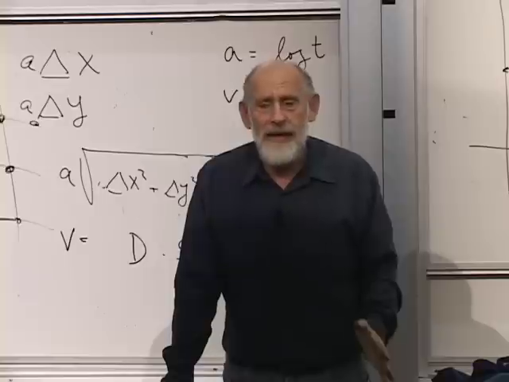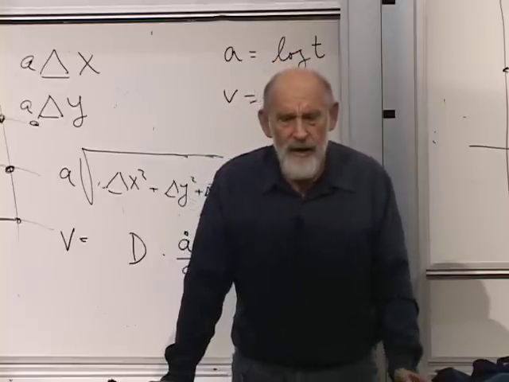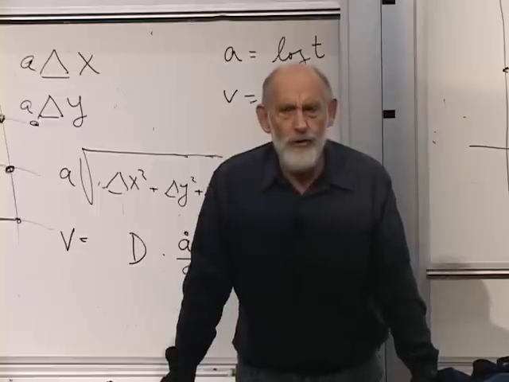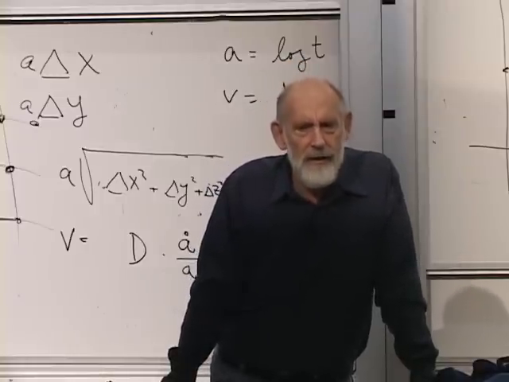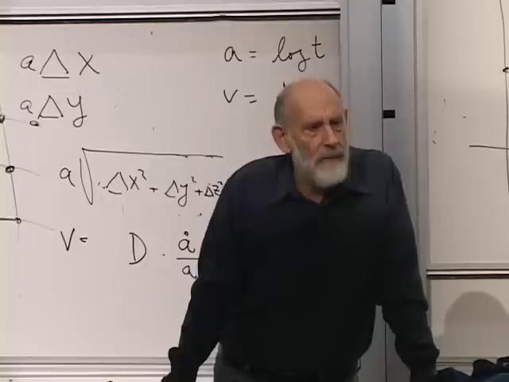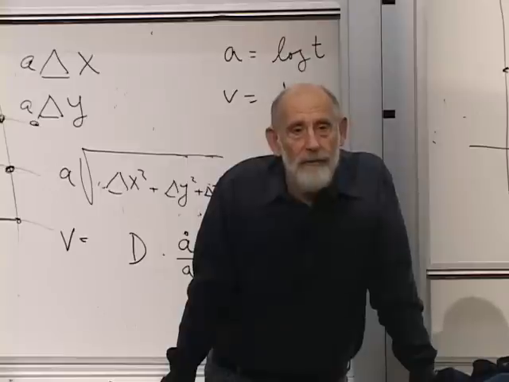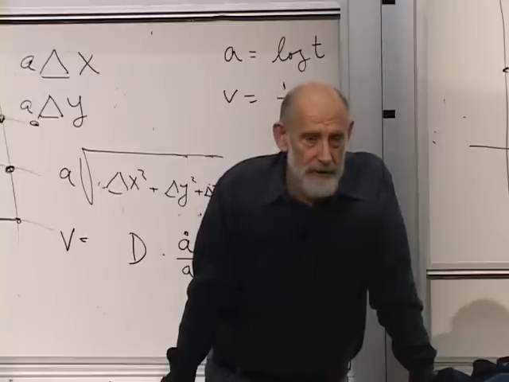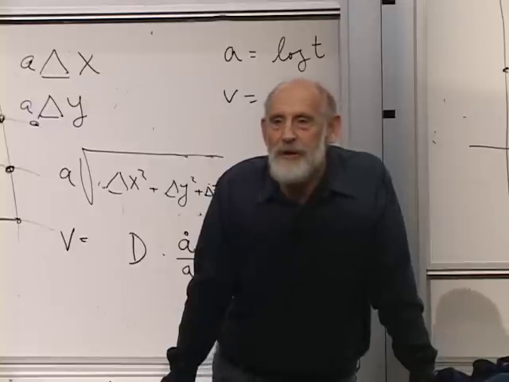And the frightening thing, I don't know if it's frightening, frustrating, fascinating, is we know with virtual certainty that the universe is at least 1,000 times bigger in volume than the horizon, than we can ever, in principle, see. So we know there's stuff out there that we will never be able to detect.